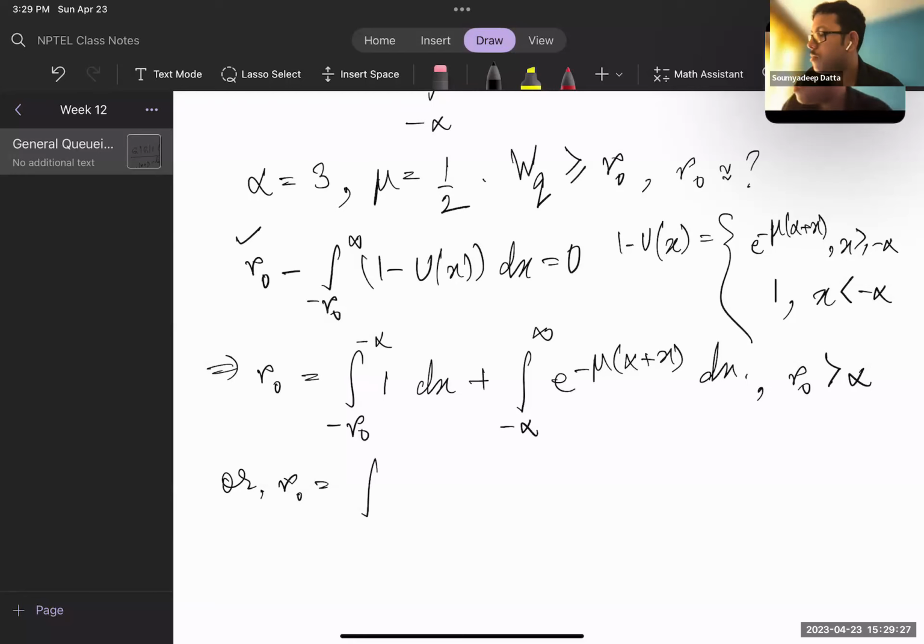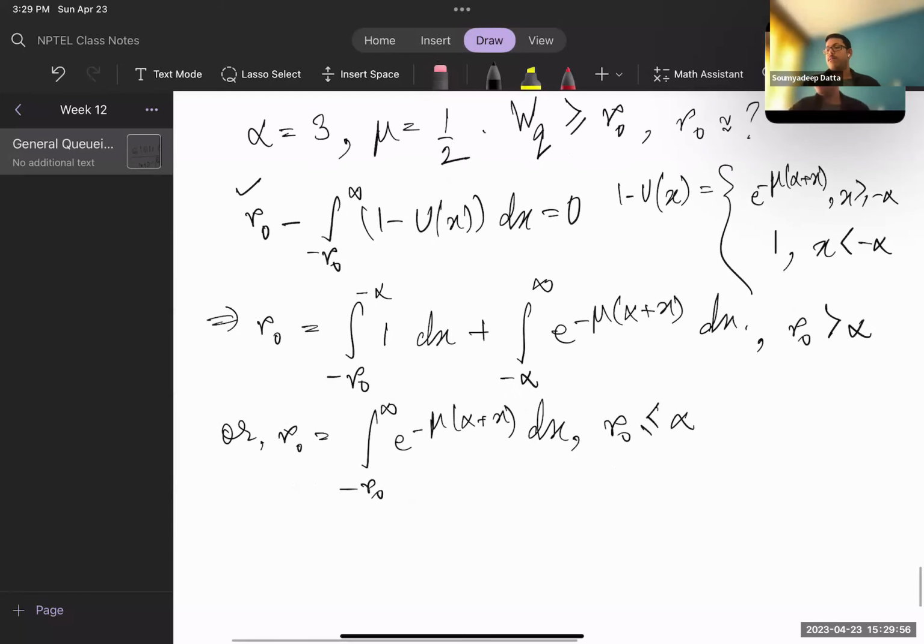again, if r naught is less than alpha, then this integral will only comprise minus r naught to infinity of e to the power minus mu times alpha plus x dx. This is r naught less than or equal to alpha. Because if r naught is less or equal to alpha, that means the first integral doesn't exist.